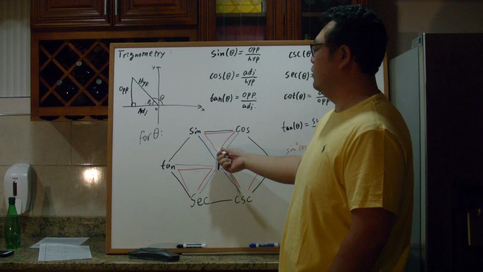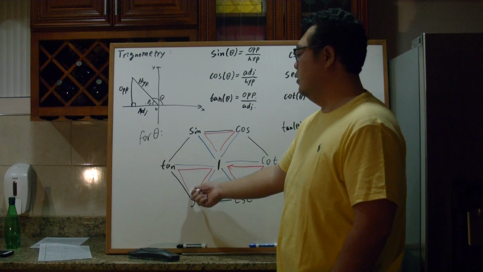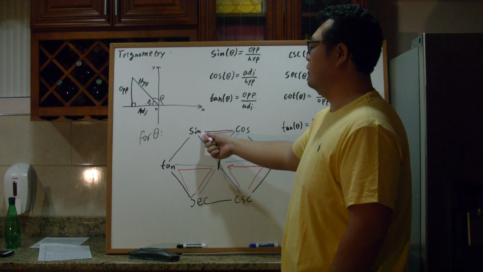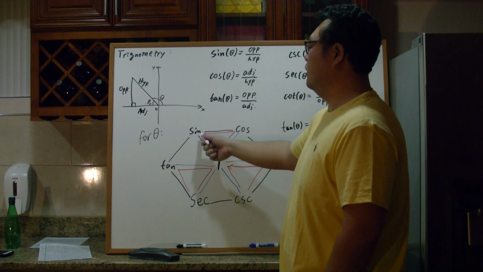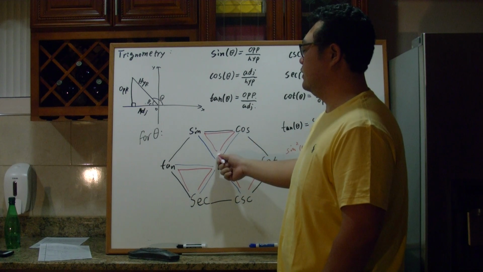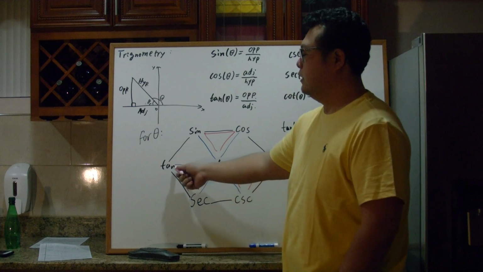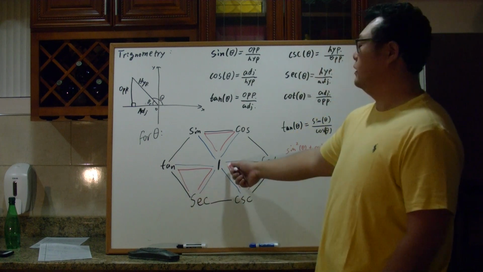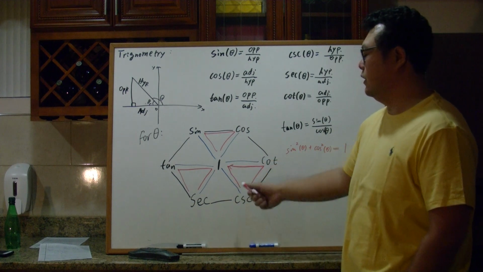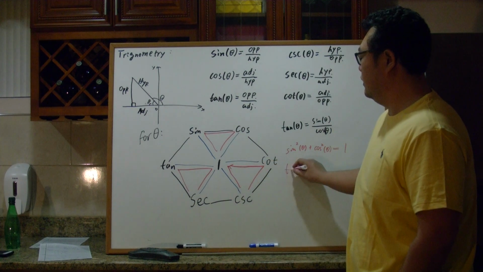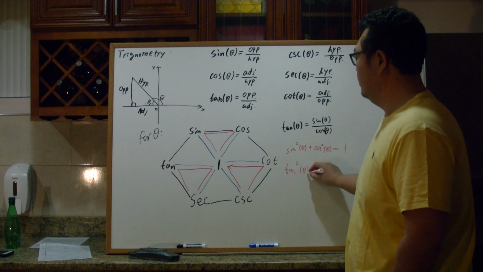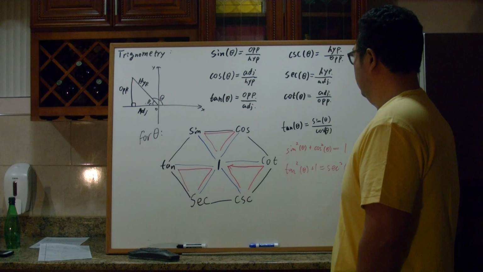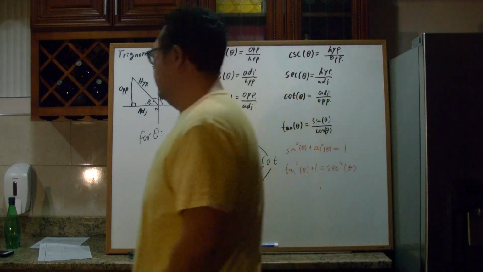We can see that there is an open side on the triangle, which shows that the sum of squares of the two terms here equals the square of the third. The sum of squares of tangent and 1 will equal the secant square. The sum of squares of 1 and cotangent will equal the cosecant square. Tangent square plus 1 equals the secant square, and so on.